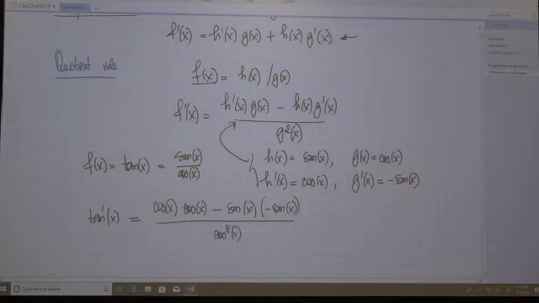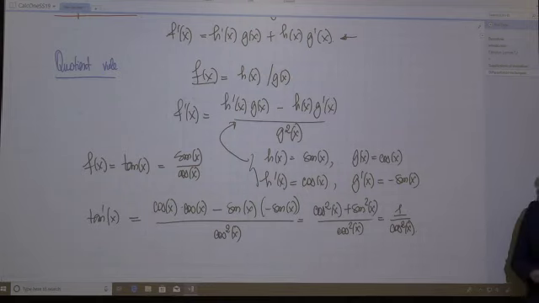So this minus with this minus becomes plus. In the numerator we have cosine square of x plus sine square of x, divided by cosine square of x. And we know that the numerator is equal to 1, over cosine square of x. So that is why the derivative of the tangent is equal to 1 over cosine square of x.